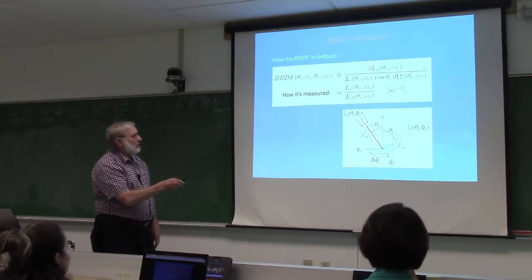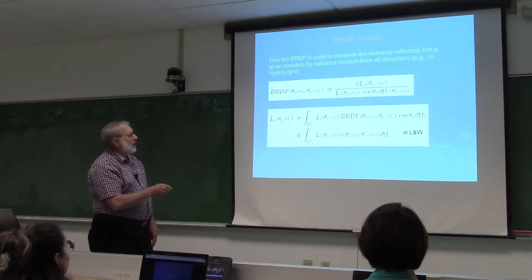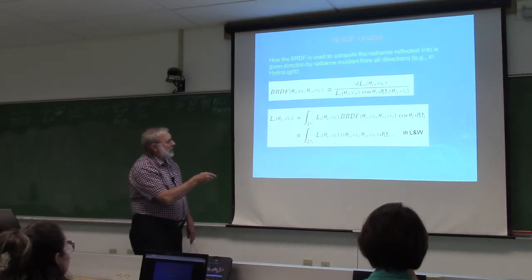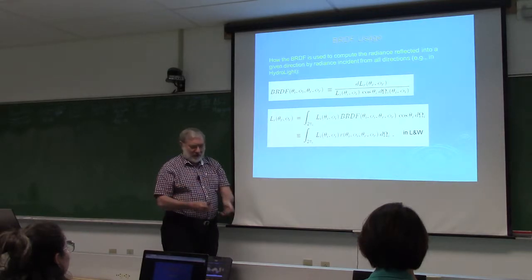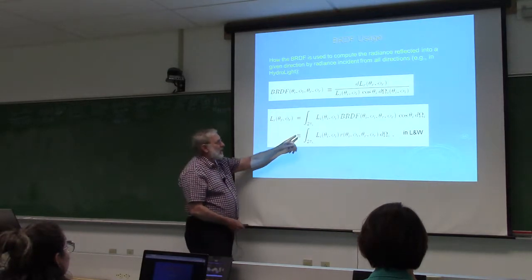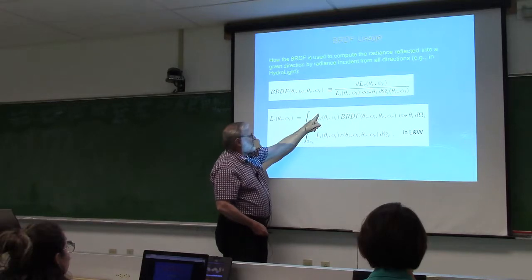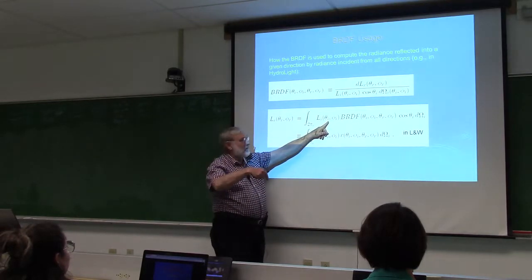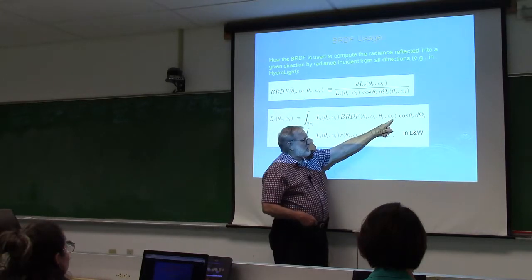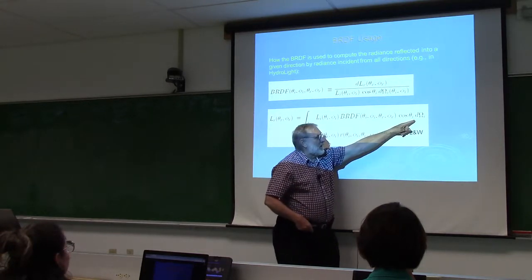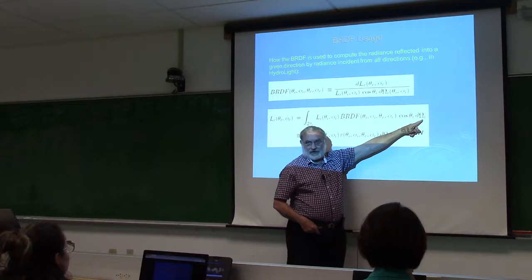Well, I take this equation here and I'll say, okay, well, there it is again. I just want to know the total light coming up when I look at the floor here. Now I take the incident radiance from a given direction times the BRDF, converts it into a reflected direction, and then I integrate over all incident directions.